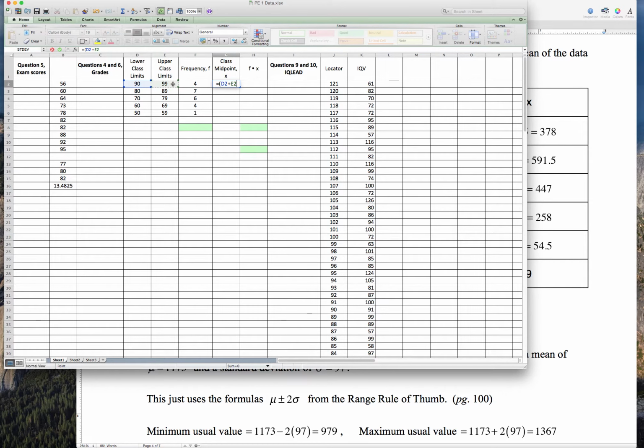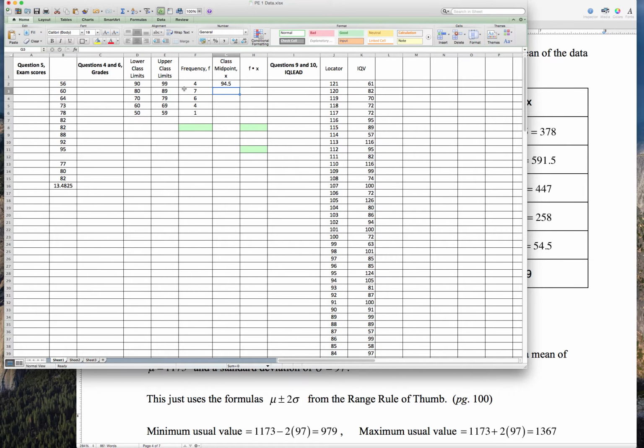And now I need to close those parentheses because that's my numerator, and that's going to be one number that Excel will do first, hence the parentheses. And then I'm going to divide, so that's the /. I'm going to divide by 2. And then I hit enter or return, and that gives me the class midpoint.